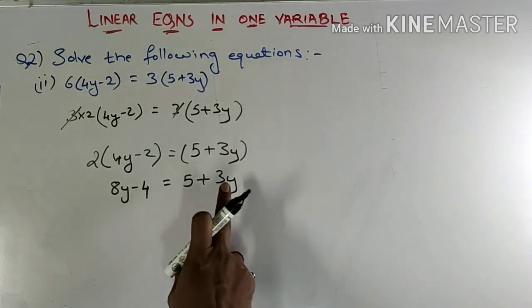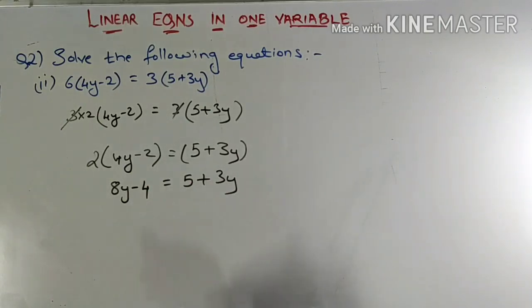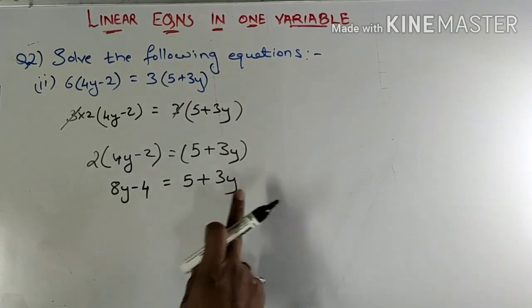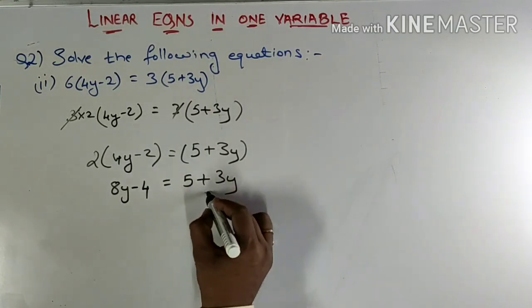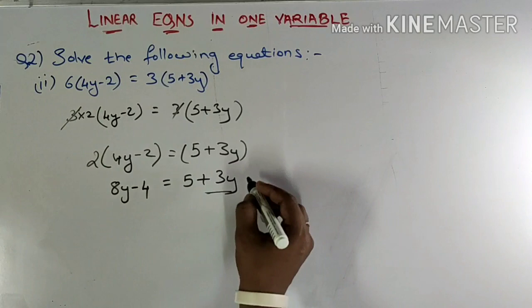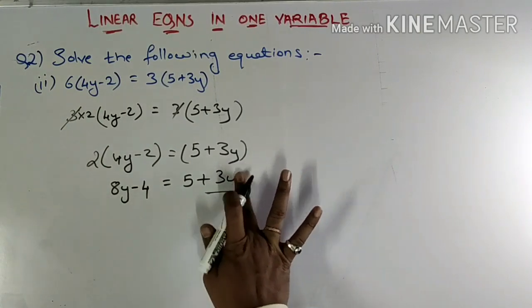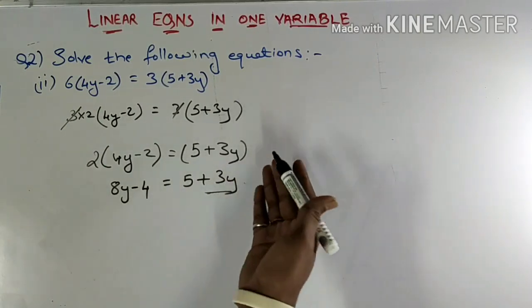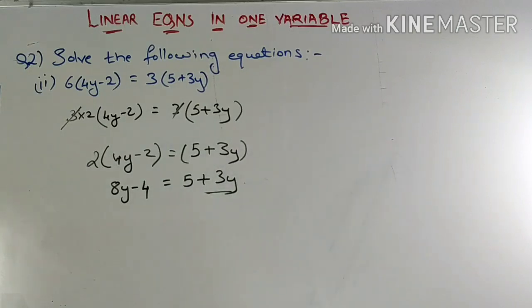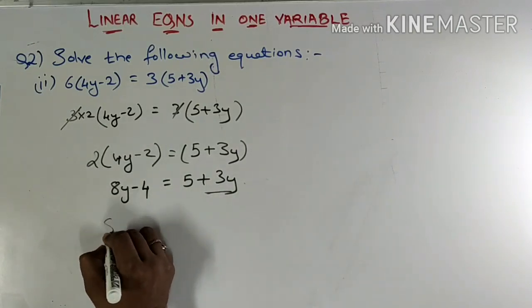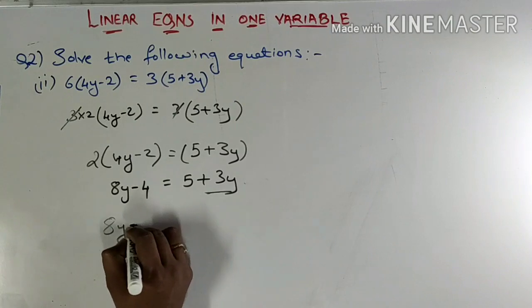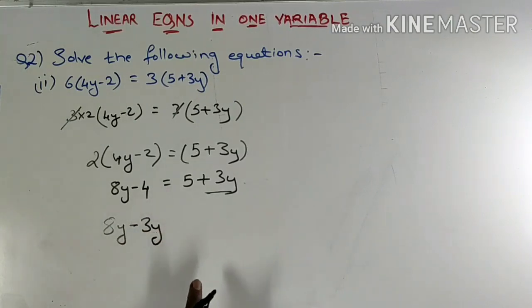So I have to take 3y on the other side. How do I do that? So subtracting 3y on both the sides. Why? Because it is added on the right hand side. Plus 3y. So when I do minus 3y, it will become 0 and I get the 3y eliminated from the right hand side. So 8y minus 3y.